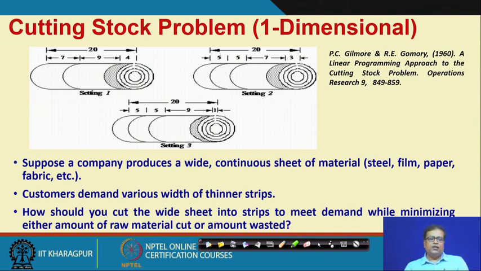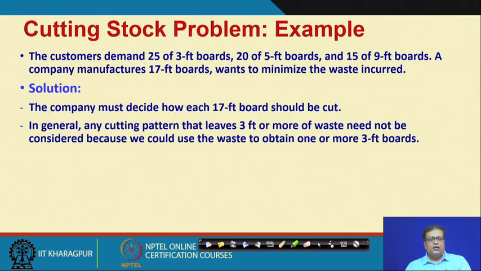So, how should it be cut into strips to meet demand while minimizing either the amount of raw material cut or the amount wasted? That is the example we had taken: customers demand 25 3 feet boards, 25 5 feet boards, 15 9 feet boards, and the company has got 17 feet boards. So, the idea is how do I minimize the waste.